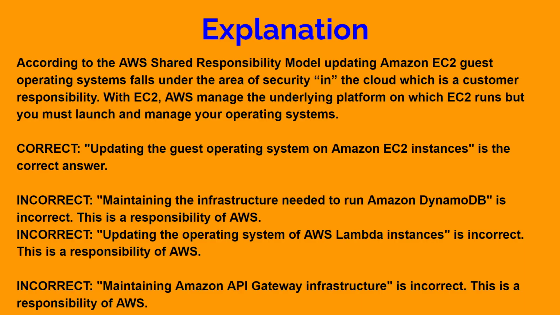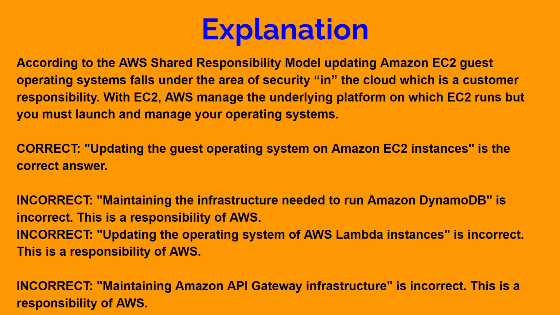Explanation. According to the AWS Shared Responsibility Model, updating Amazon EC2 guest operating systems falls under the area of security in the cloud, which is a customer responsibility. With EC2, AWS manages the underlying platform on which EC2 runs, but you must launch and manage your operating systems. Correct. Updating the guest operating system on Amazon EC2 instances is the correct answer.